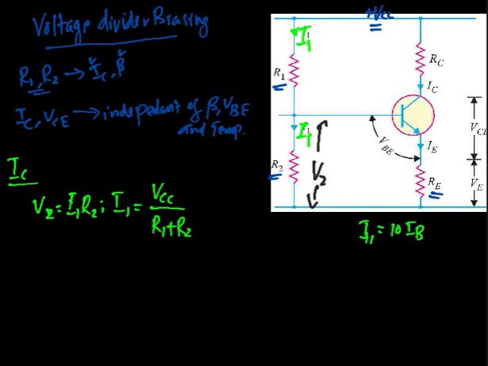Since almost the same current is flowing through R1 and R2, they are assumed to be in series in this case, so that VCC has to drop across R1 and R2. So the current I1 is equal to VCC divided by the total resistance, that is R1 plus R2. From that we can write V2 is equal to VCC divided by R1 plus R2, which is I1, into the resistance R2.